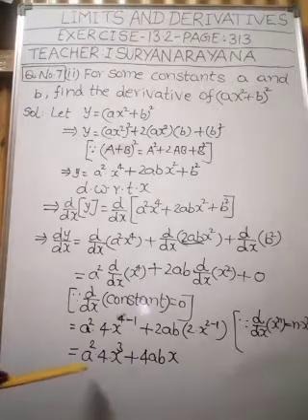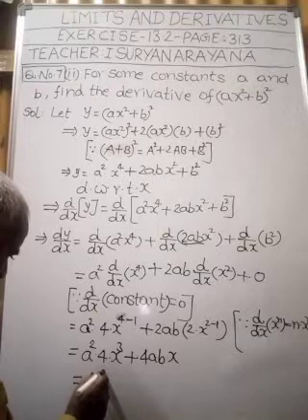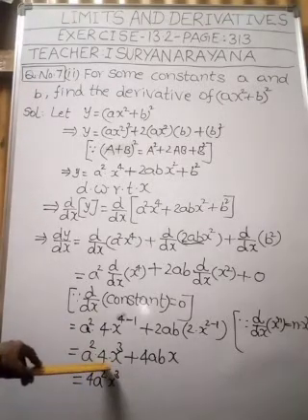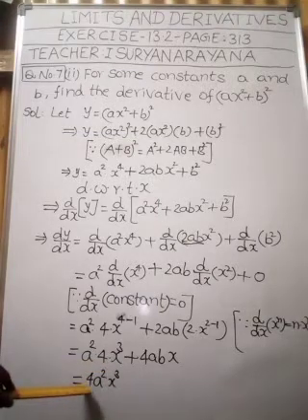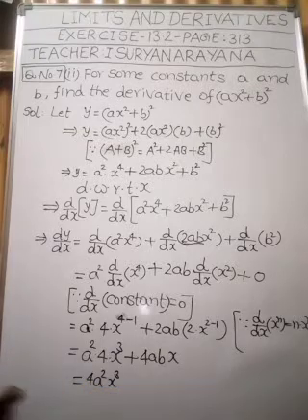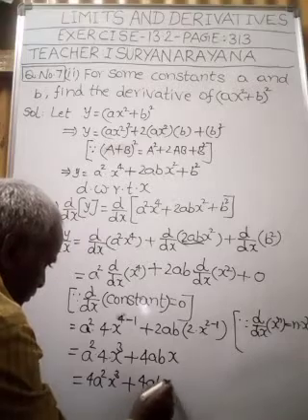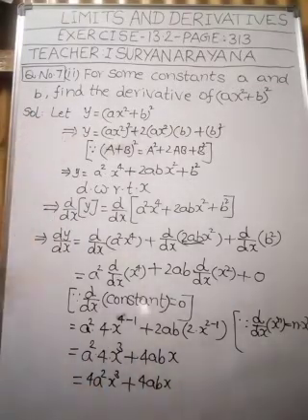Understood this step, my children? Right. Finally, what will we get? 4a square x cube. But in general, we write the numerical coefficient at the beginning of the term. So we are writing 4 at the beginning of this term. So 4a square x cube plus 4ab x, which is the derivative of the given function. Okay, my children, understood? Right.